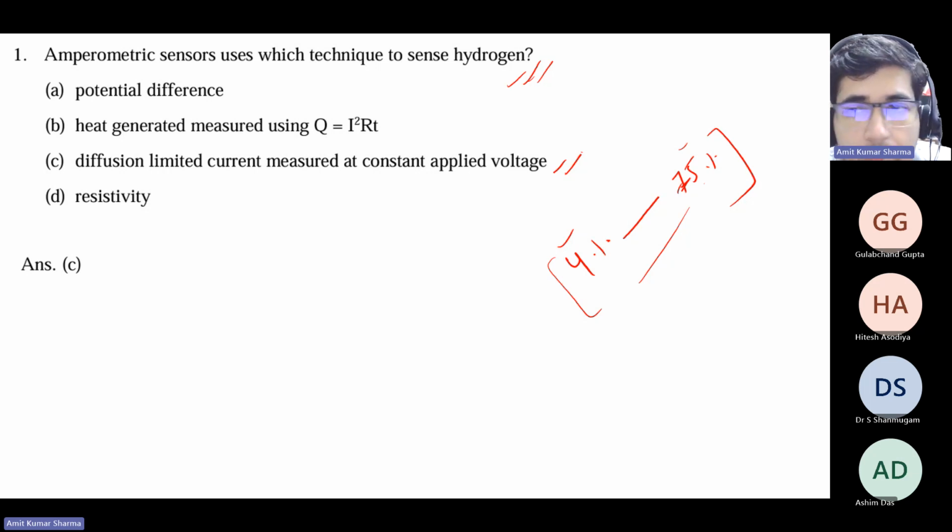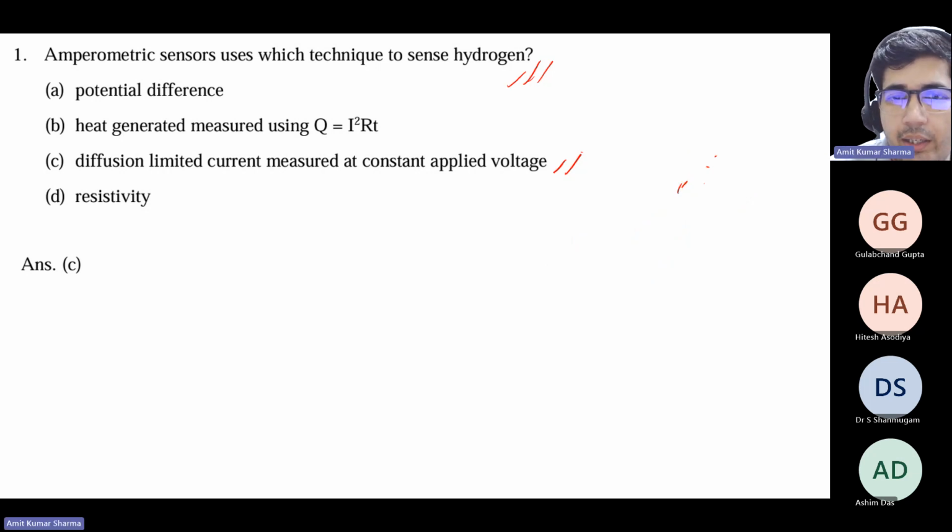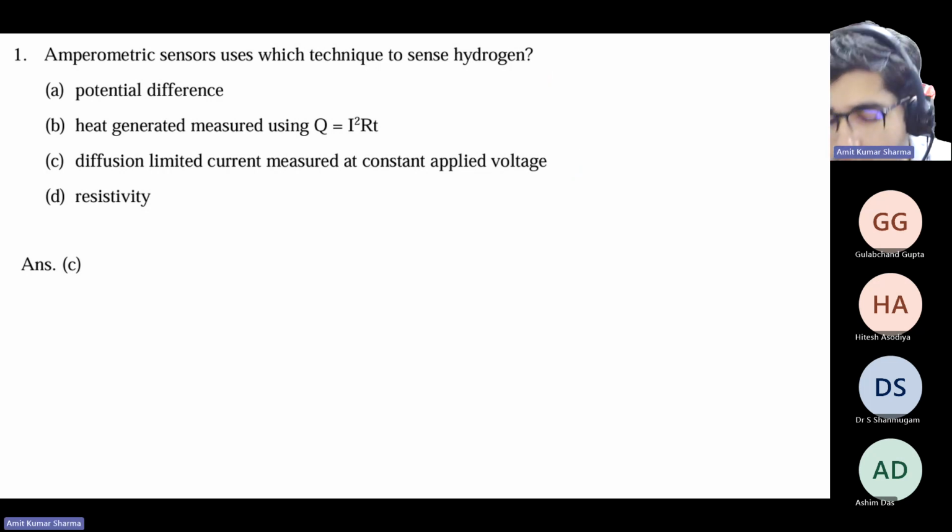Now let's go through more about the sensors. Due to this high flammability range, its colorless, odorless nature, and it being a very light, very small element, it is very easy for hydrogen to leak from minute gaps.